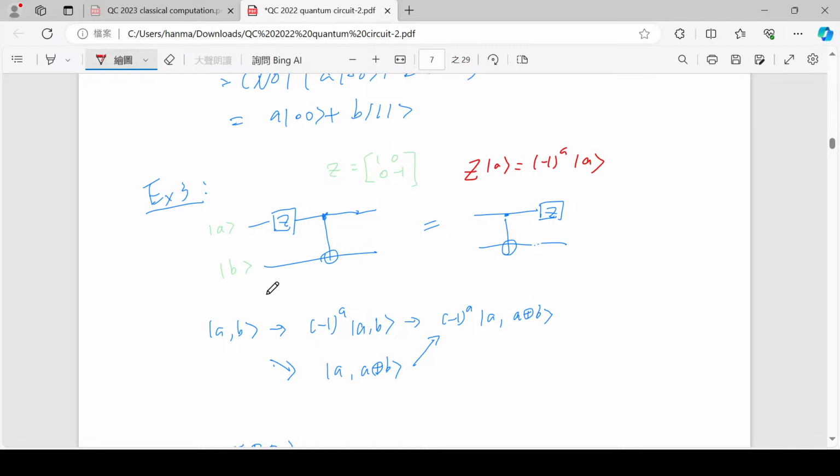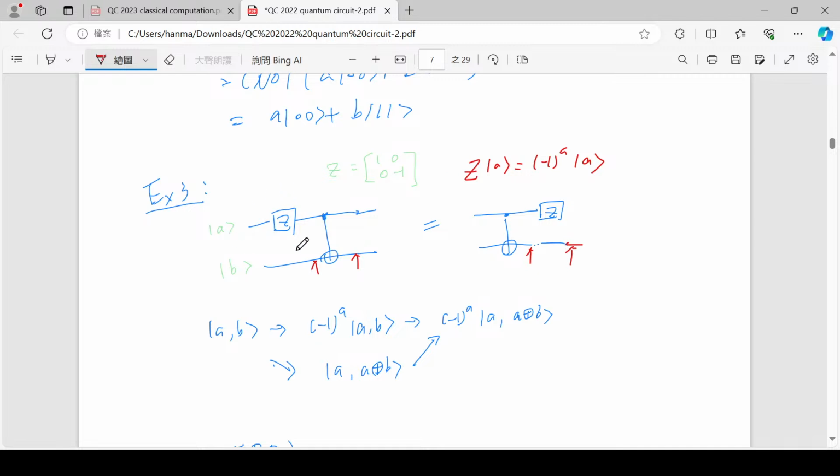And yeah, so minus 1 to the 1 is minus 1. Okay. So a, b, and if you have this circuit, then your ab will become, so we are also once again looking at a different step of the circuit. Here, here, and here, here. Right.